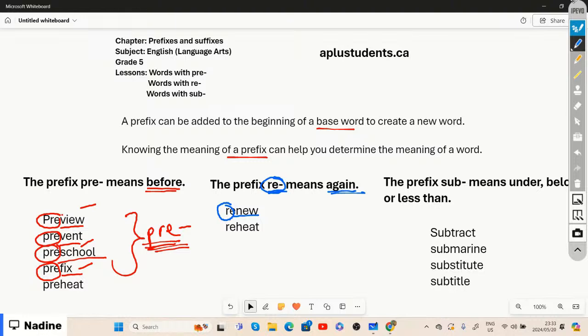Then another subtitle can be where Goldilocks sat on the chair and it broke, slept in the bed and it broke, right? So those are subtitles. They are under the main title of the story, the main title of something. And once again, our prefix sub means either under, below, or less than.